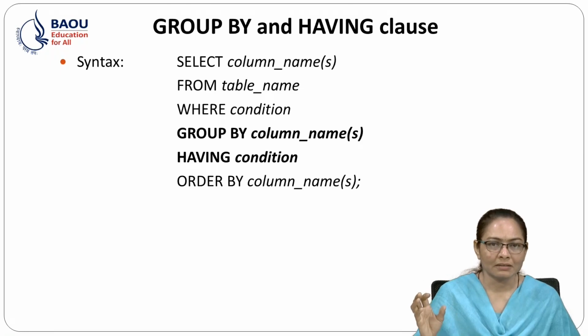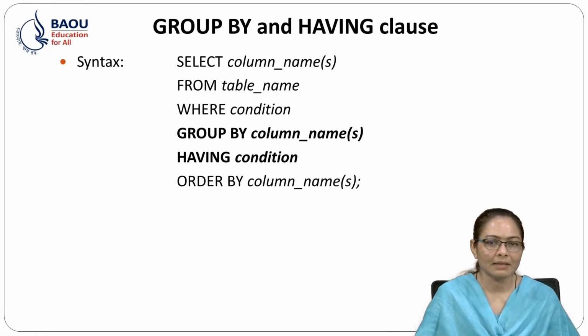Only those groups that are needed. Here, order by column names. The last clause is the order by. Before order by we use the group by and having clause.